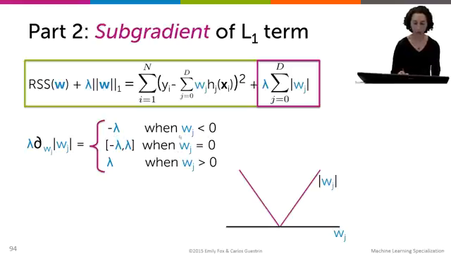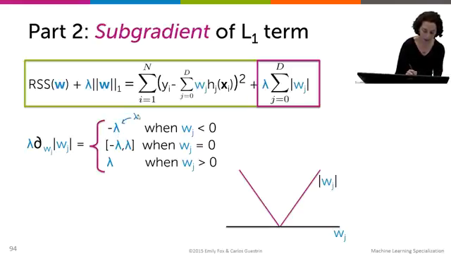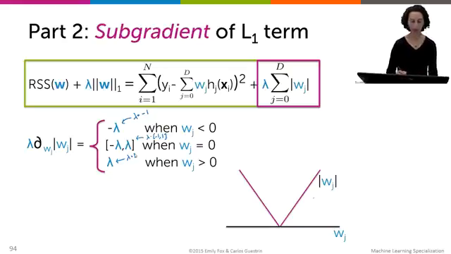But in the case where the derivative exists, it's just going to be lambda times -1 in the case of w less than 0. Here we have lambda times -1 to 1. In the case where we're in this positive half plane, we get lambda times 1. Okay, so this is our complete lambda times the subgradient of our L1 objective with respect to wj.